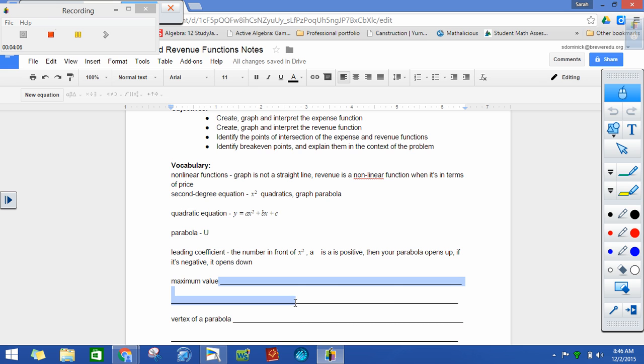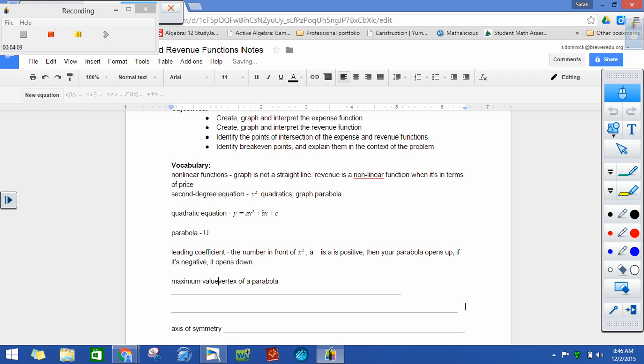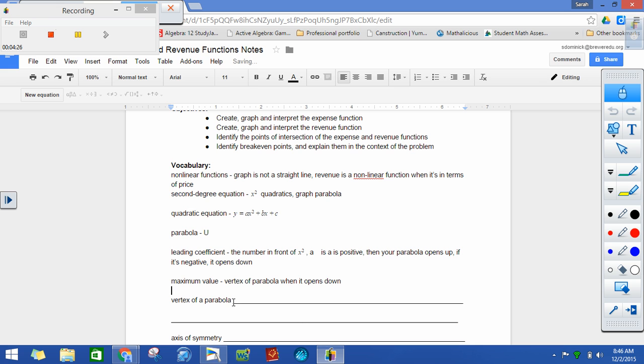So a maximum value is the vertex of the parabola when it opens down. And I'll show you a picture of that in just a second as well. Your vertex of your parabola is kind of where everything changes.